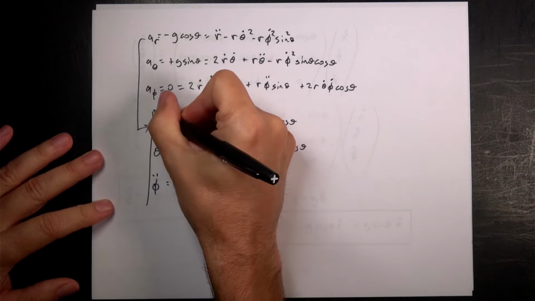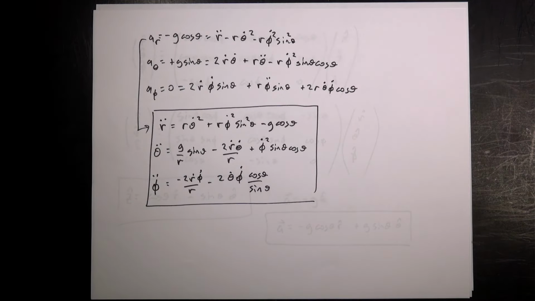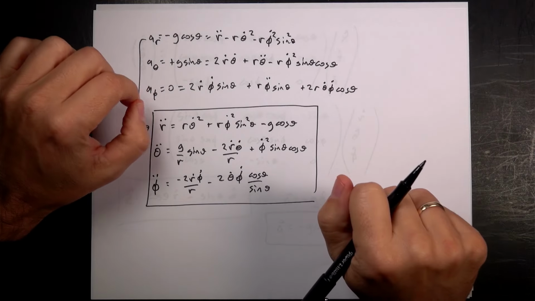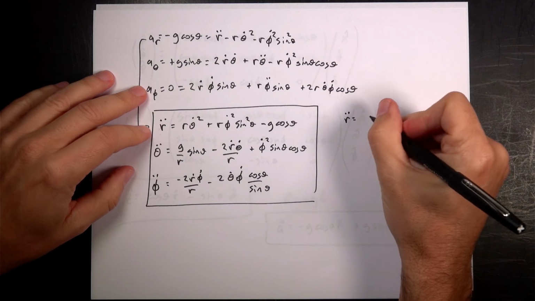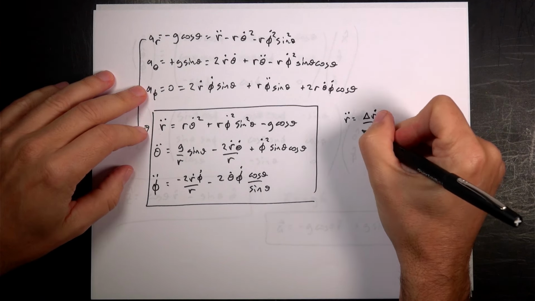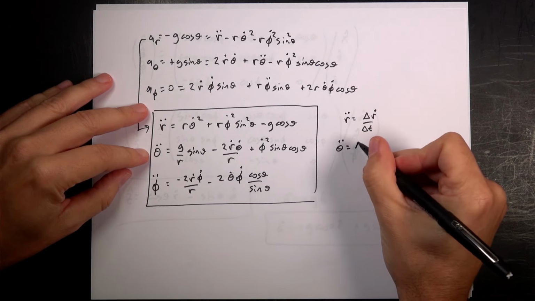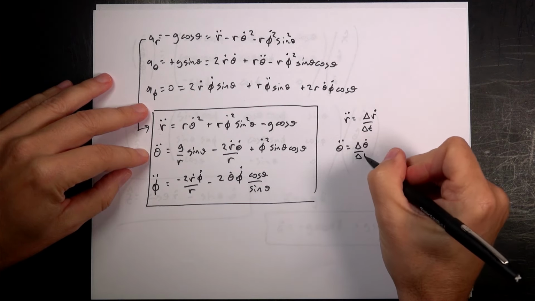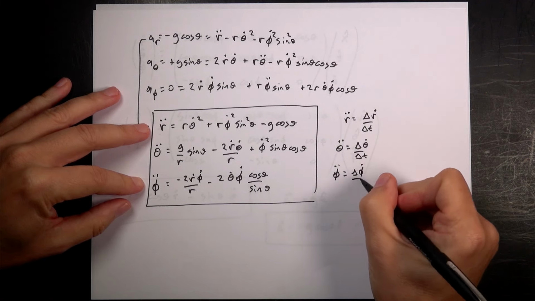So imagine these are differential equations, but they're not easy to solve. However, if I break this into small time intervals, then I can say r double dot equals delta r dot over delta t, theta double dot equals delta theta dot over delta t, and phi double dot equals delta phi dot over delta t.